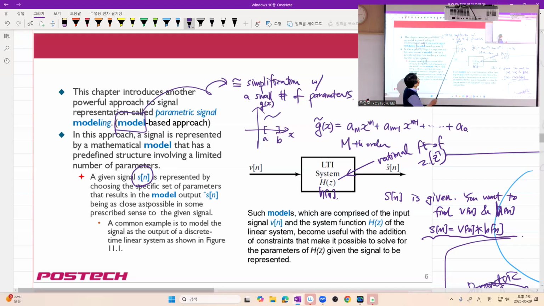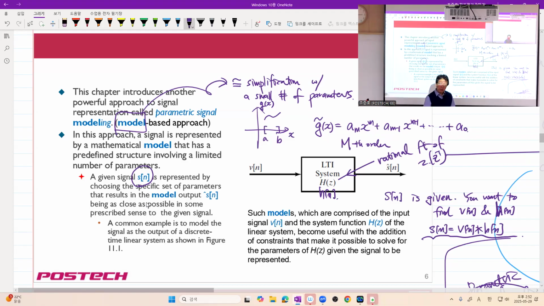We are not just modeling a given function. In our problem, we are given S, and we want to find V and H. Even though we limit the numerator and denominator orders, there are still too many possibilities of choosing the input signal and this one.